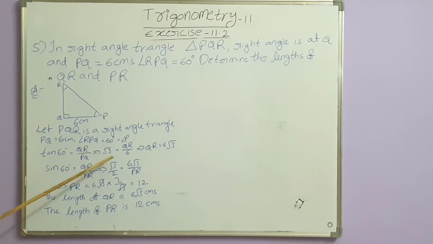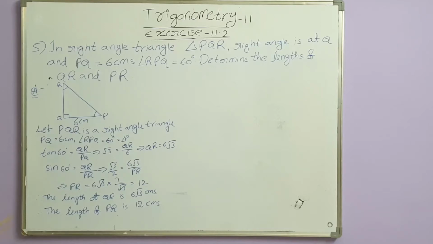Tan 60 degrees value is root 3, equal to QR by PQ, and PQ is 6 centimeters. Now we want the QR value. QR is equal to 6 into root 3.